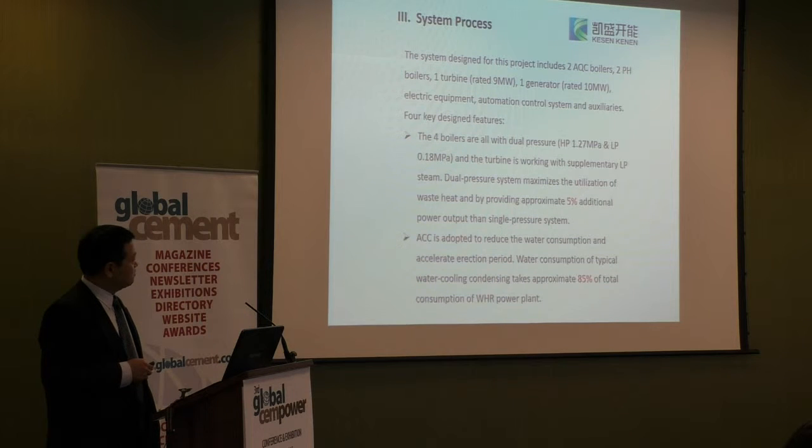We also upgraded the generator: we give this customer a 10 megawatt generator, because in a particular period they can give more volume of flue gas, which means they want this system to generate more power.